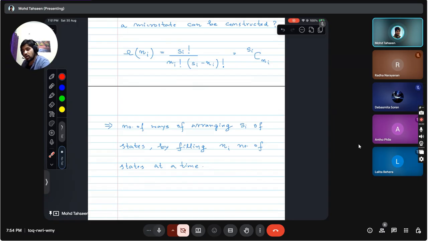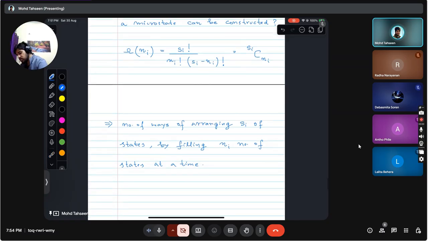And why are we taking combination? Can anyone recall what was the equivalent thing for Maxwell-Boltzmann statistics? When we wrote the same omega Ni there, we assumed something else instead of this, right? So if you go back and check, there we assumed nPr distribution, right?